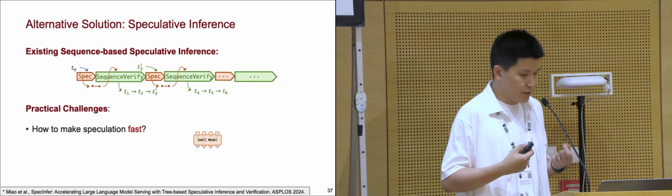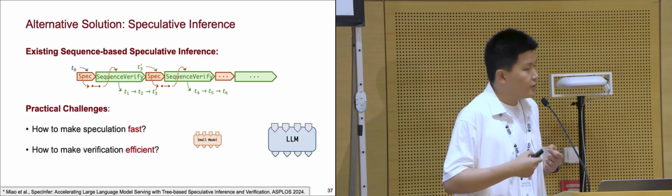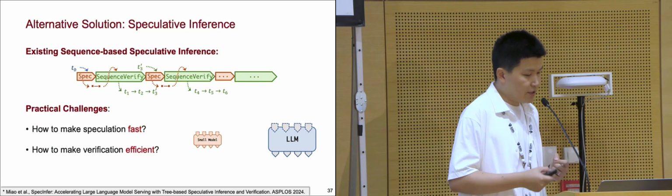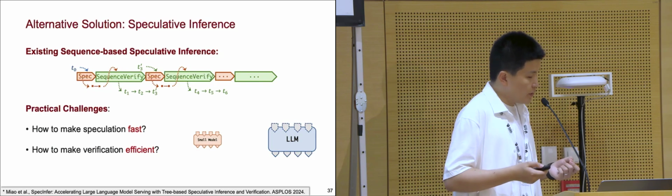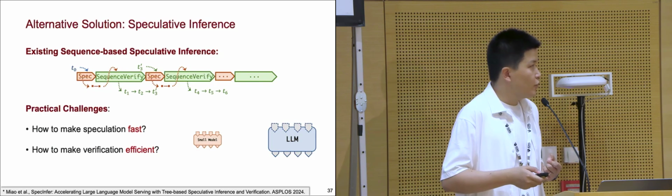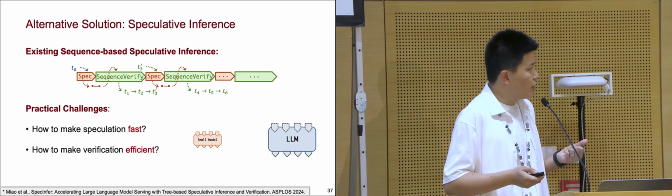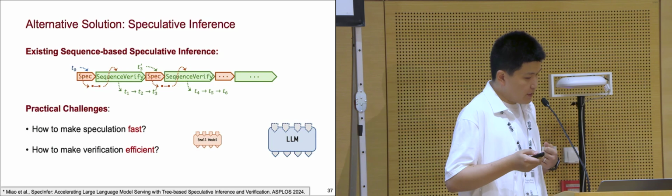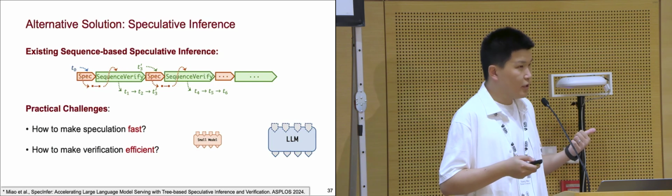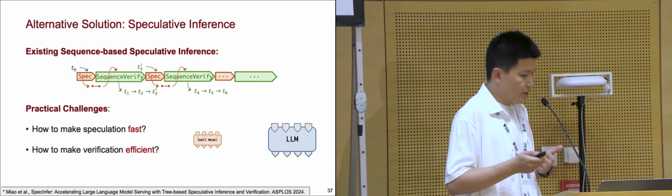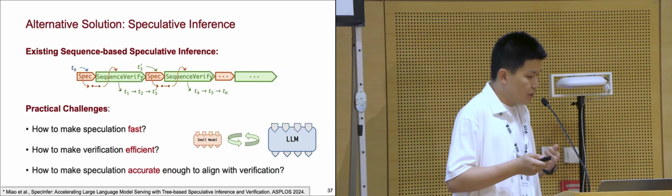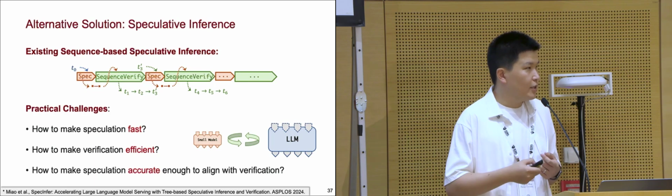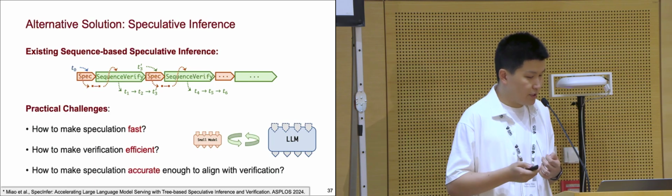The second step is called verification, because the speculation can accelerate the decoding process, but it may not guarantee correctness. The verification, which is made by the original language model, will check whether the output tokens are correct or not. In this case, we know that the first 2 tokens are correct, and we can send these verification results back to the speculator and continue the speculation and verification process until all the output tokens are generated correctly.